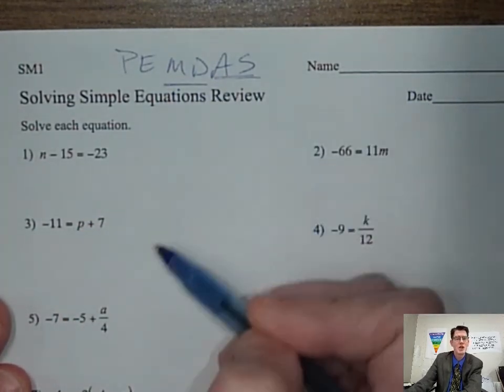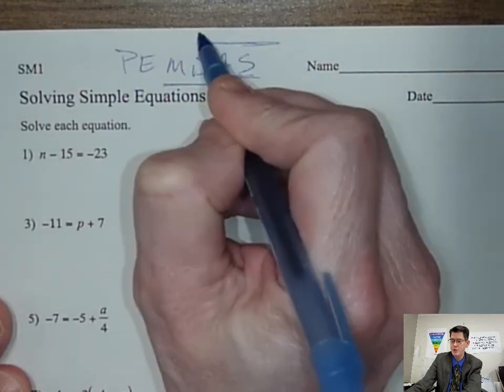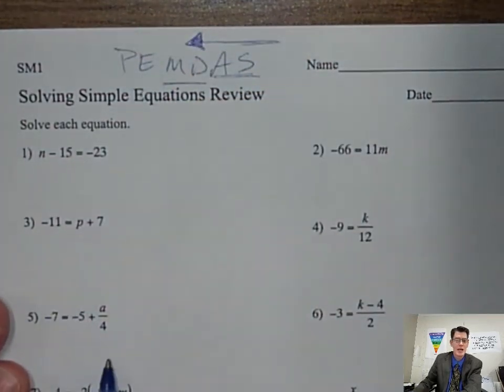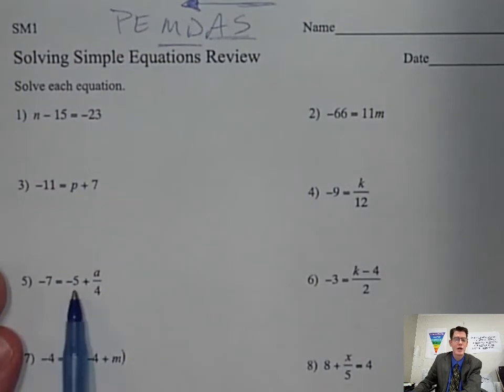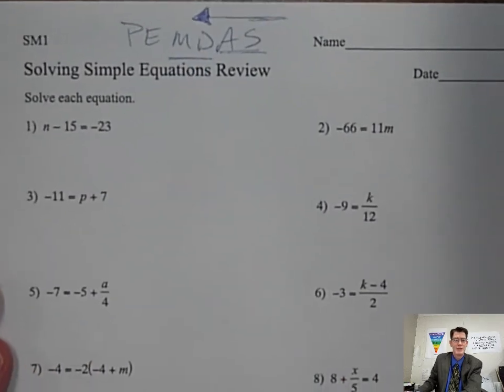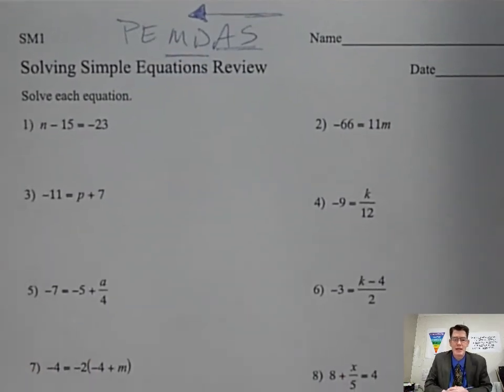When you're solving equations, you work backwards and you undo the equation in the opposite order. That's why on an equation like this down here, we're going to undo the add and subtract first, and then we'll undo the multiply and divide. Kind of like just the steps you do in the morning getting ready for the day. You do some of those steps in opposite order to end the day.